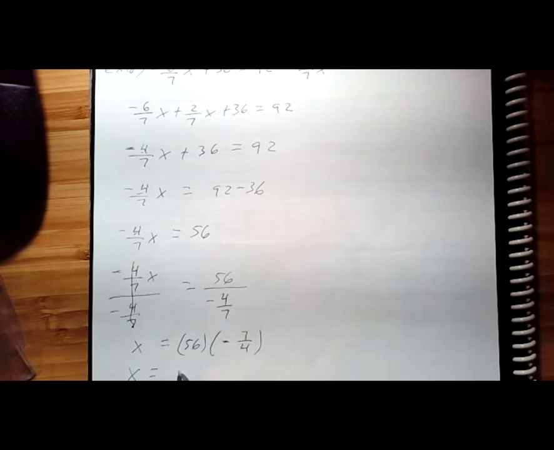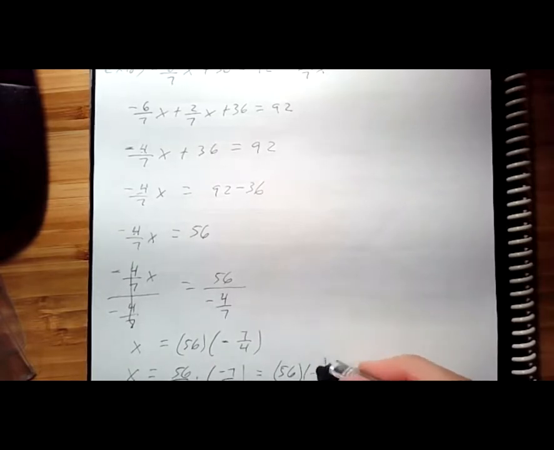So that'll be 56/1 times -7/4, which will give us 56 times -7 over 4.